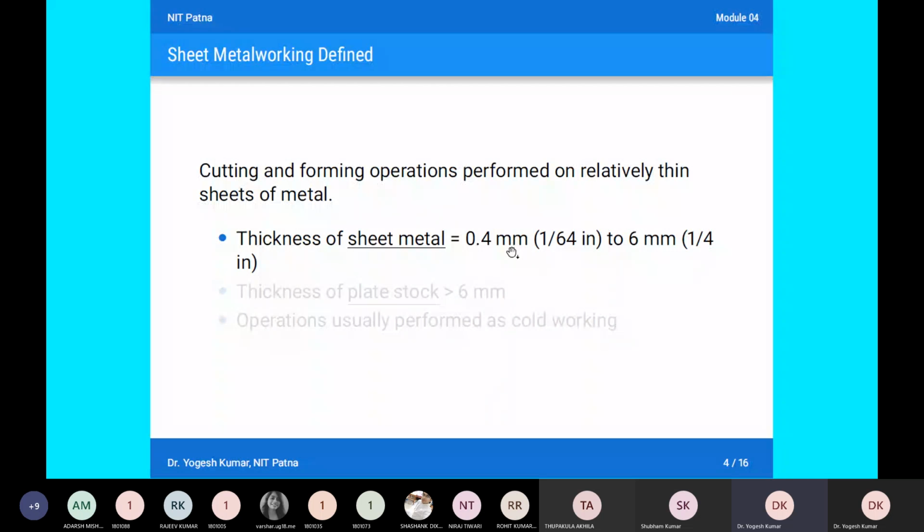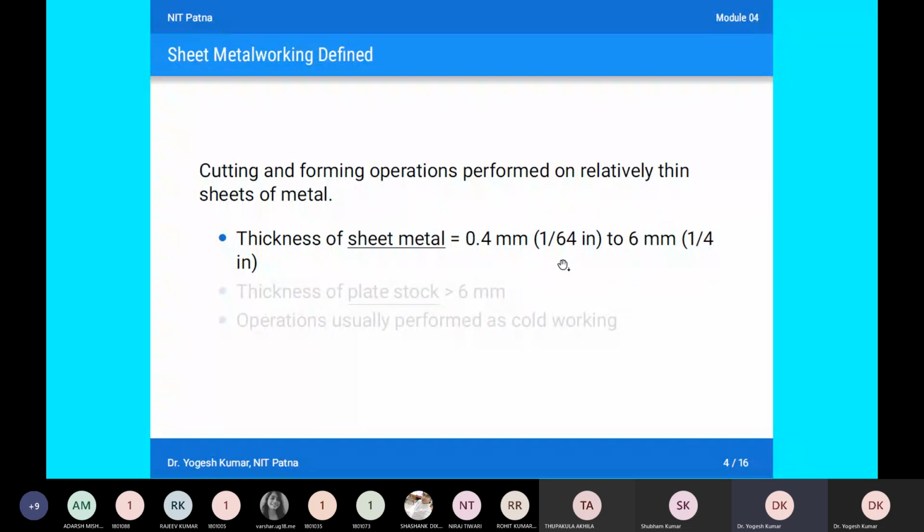There may be sheets even less than 0.4 mm, but then this is called foil. It is no more called sheet, because if the dimension is less than 0.4 mm, it is called foil. But if this dimension is between 0.4 mm and 6 mm, then this metal workpiece is called sheet metal.